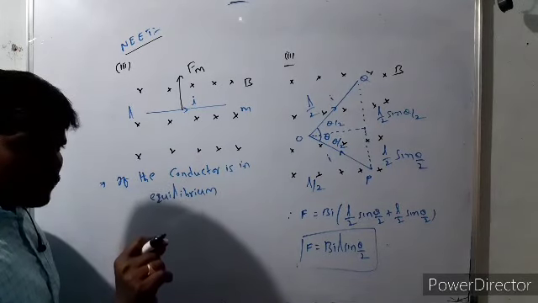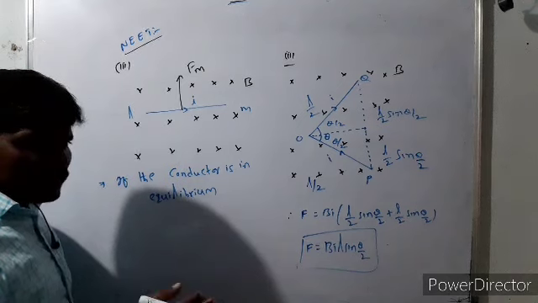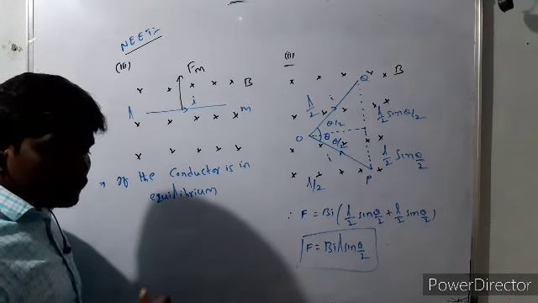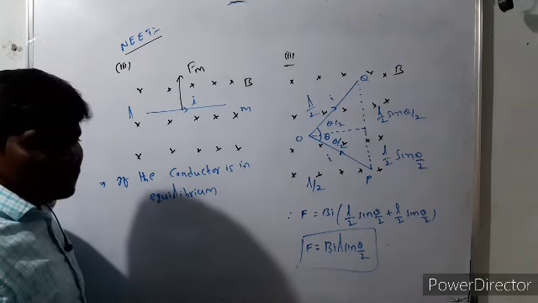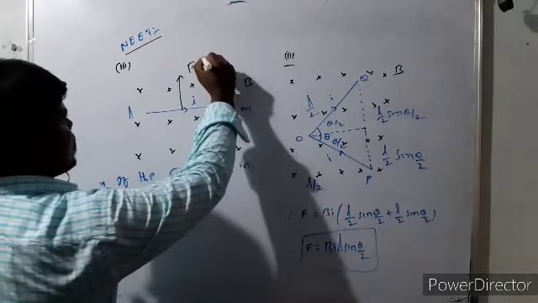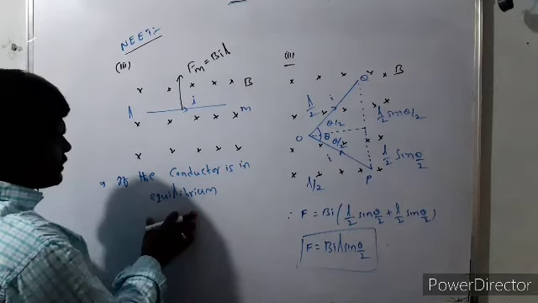If there is a force on a body, the body must accelerate. If the body accelerates, then we can't say it is in equilibrium. If the body moves with constant velocity, or is at rest, then we can say the body is in equilibrium. But here there is a magnetic force BIL upwards.